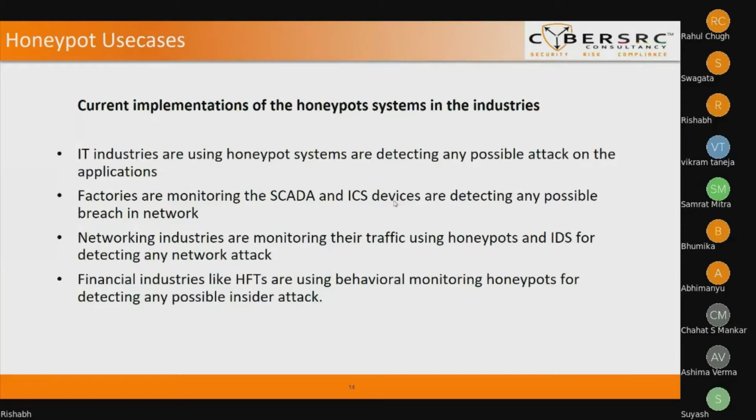Networking industries like Cisco, or any major networking based industry, are monitoring their traffic by using honeypot systems and IDS systems, specifically NIDS systems, for detecting any network based attack in their network. And financial industries like HFTs are using behavior monitoring for detecting any possible insider attack.